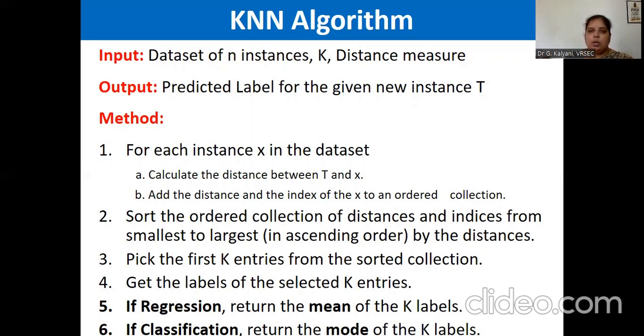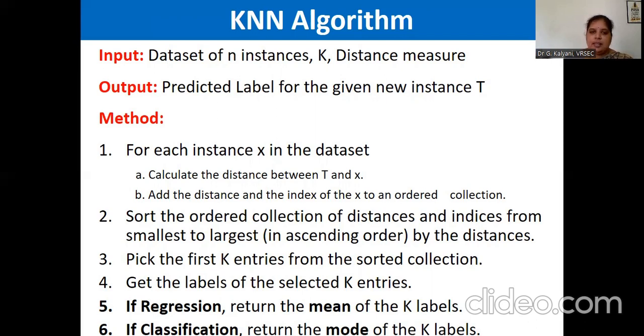So if we summarize the KNN algorithm, the first step is to calculate the distance between the given test instance and each training instance. Then step 2 is to sort the instances of the training set based on the distances in ascending order. The third step is, based on the value of k given to you, select the first k instances from the sorted order.